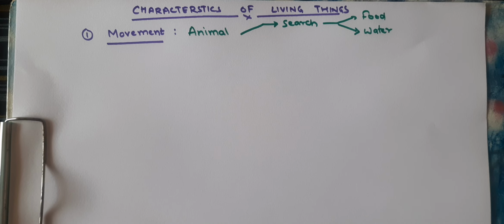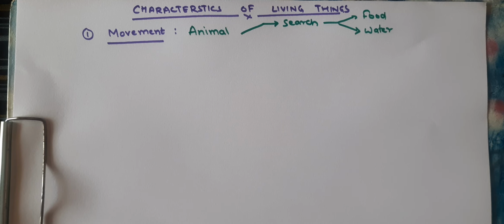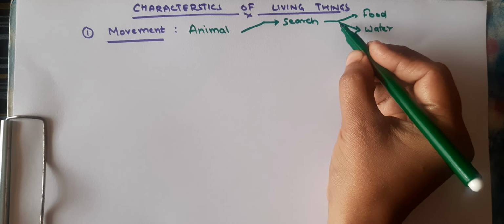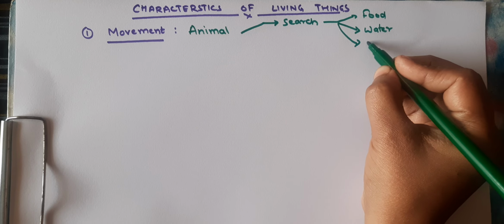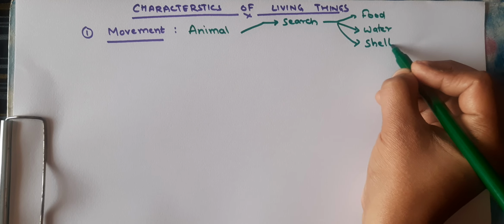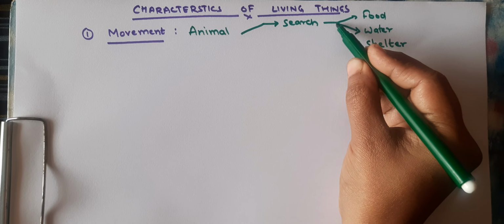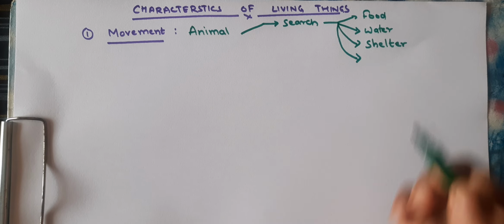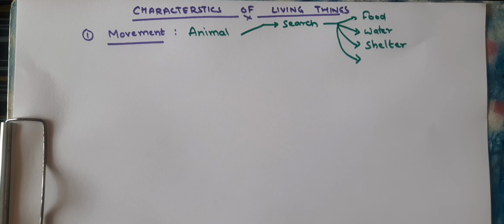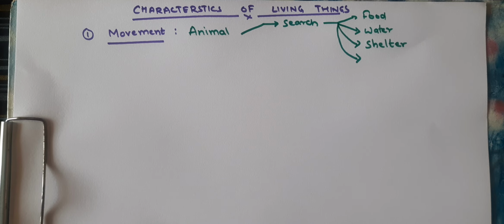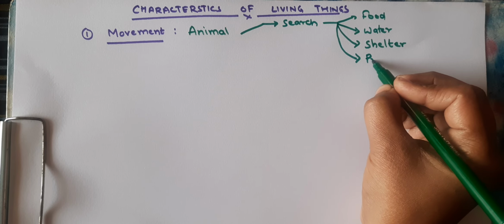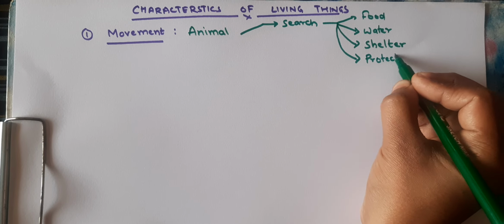We are human beings, but a stray dog will not get a food plate like us and a glass of water. So he has to search for food and water. Also for shelter, where they will sleep. You have seen stray dogs sometimes live under a shed, they will sleep there, and they will move from there to protect themselves from enemies.